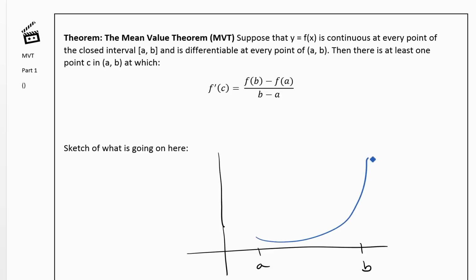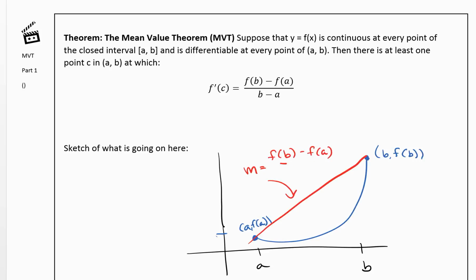The graph could be doing all sorts of things, but we're just interested in the part between A and B. So this would be the point A, f of A, and this would be the point B, f of B. And if we took the secant line between those two, then the slope of that line would be f of B minus f of a over b minus a.